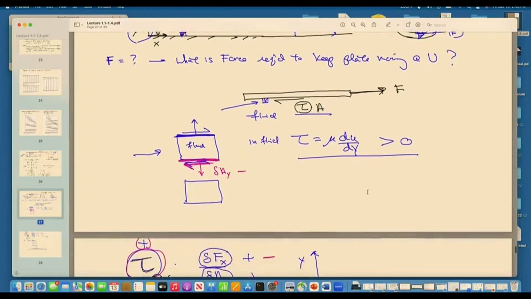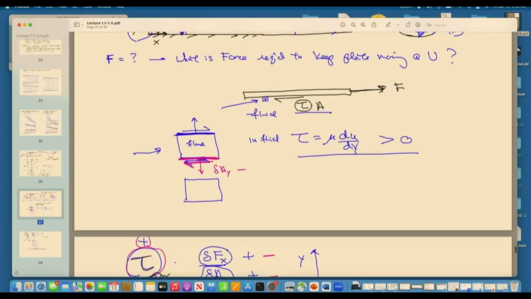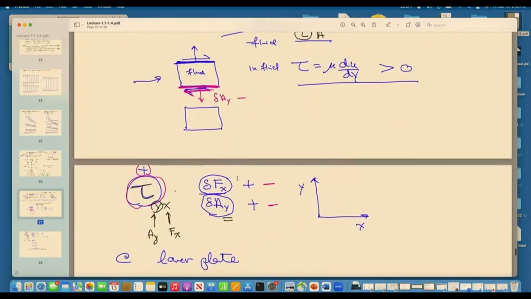So then, what is the direction of the force? If the shear stress is positive, and we just said we're looking at an area whose outward normal is negative, for the signs to be consistent, the force in the x direction, or the force caused by the shear stress, has to be in the negative direction, negative x.